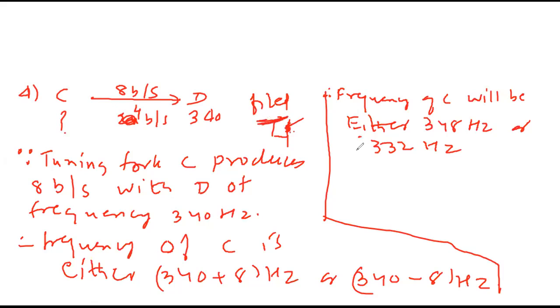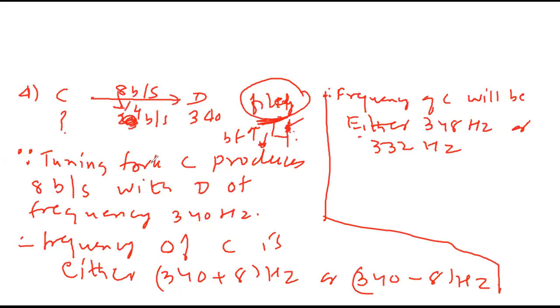So whenever filed, the frequency will always increase. But beat frequency can increase or decrease. That is the condition they will give. Filing given means fixed: frequency will increase, but beat frequency we don't know, they will give. So they are telling beat frequency has decreased.